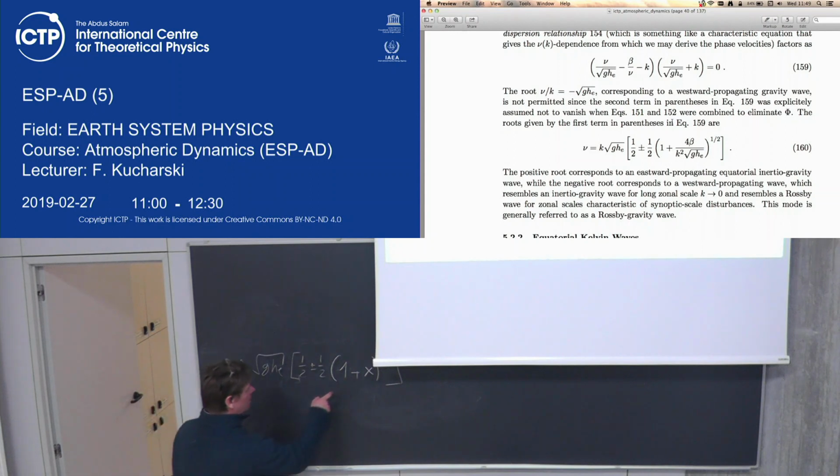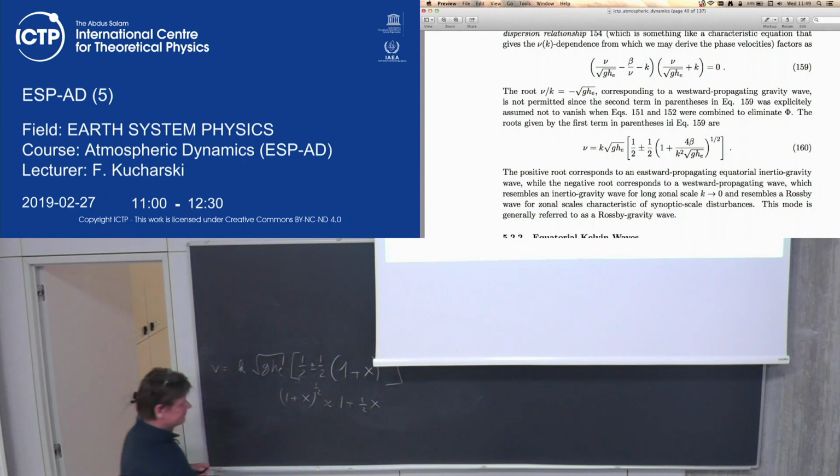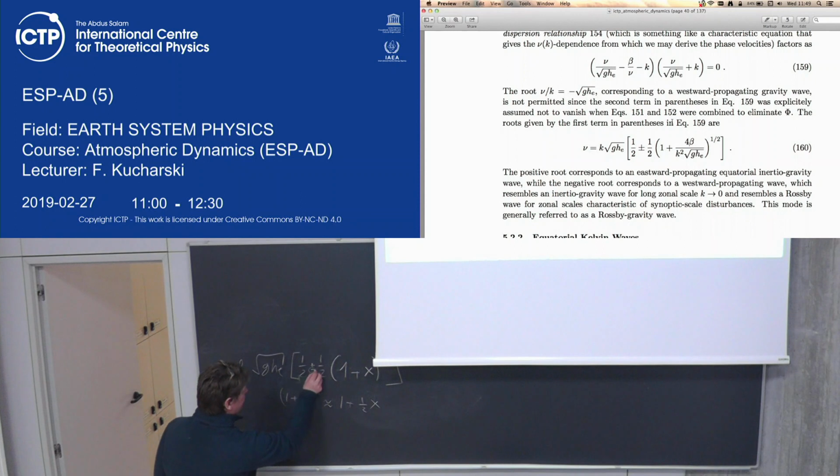If x is small, you find that the square root of 1 plus x is about 1 plus 1/2 x. And now we want to look for the solution for the Rossby wave type solution that propagates to the west. So we consider this sign here. Otherwise, these are the dominant terms, and this is just a gravity wave.